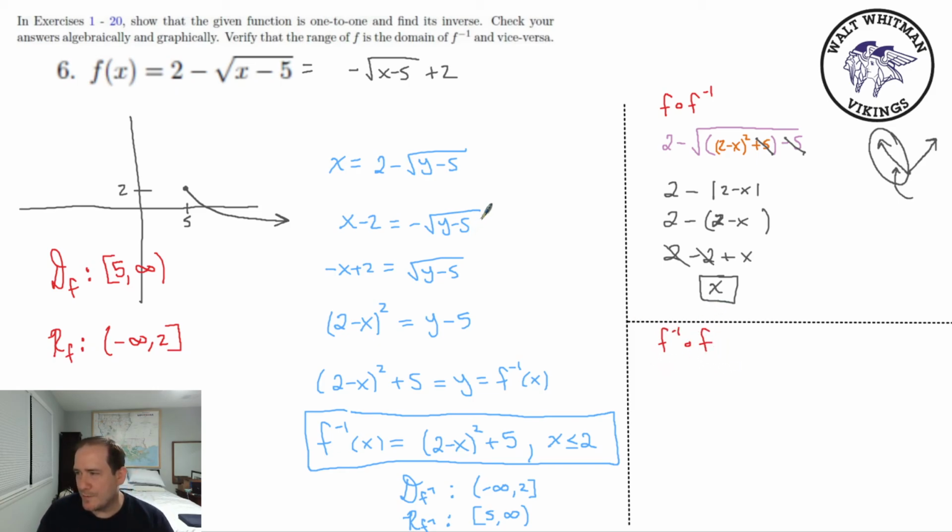We this time are plugging function f into the inverse function. So starting with the inverse function, which is our quadratic, we would have 2 minus x all squared plus 5, where the inverse function is the radical, so 2 minus root x minus 5.